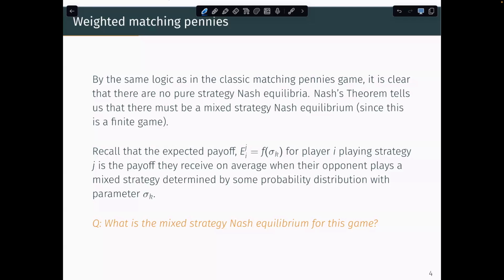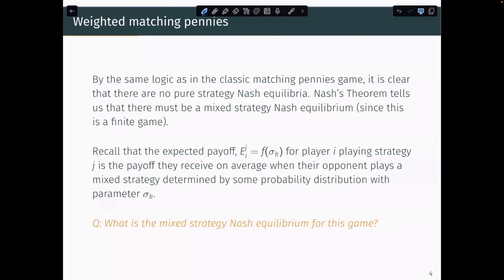By the same logic, in this game, because the signs are the same, even though the actual payoff values have changed, there are no pure strategy Nash equilibria. But because it's a finite game, in other words, there's a finite number of strategies, we must have a Nash equilibrium. And therefore, if we've got no pure strategies, we must have a mixed strategy Nash equilibrium.